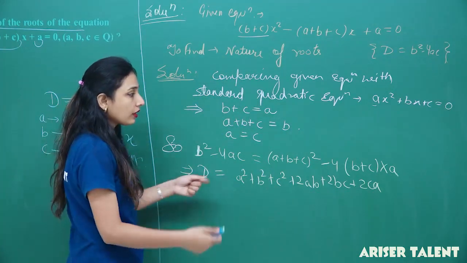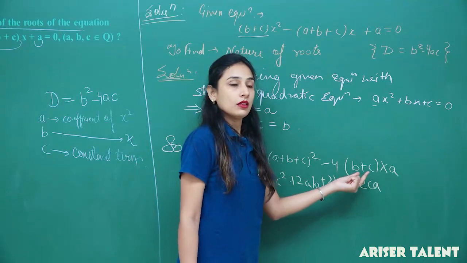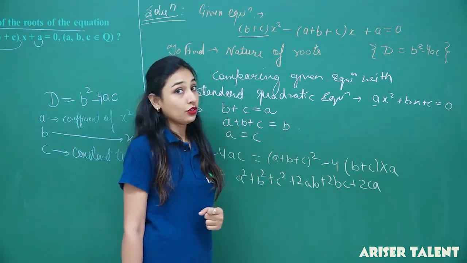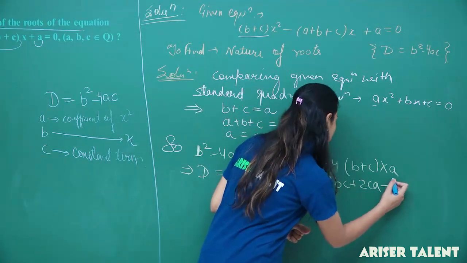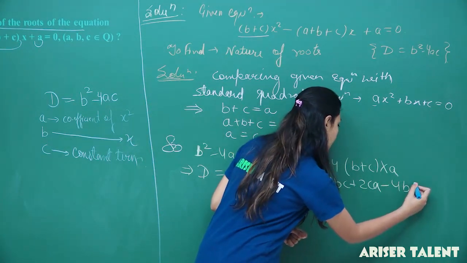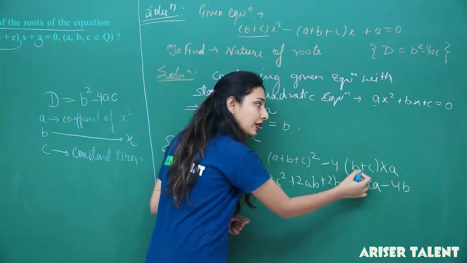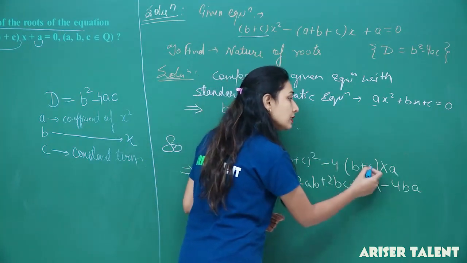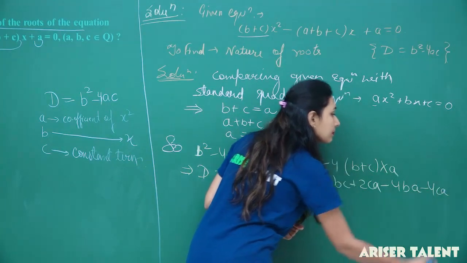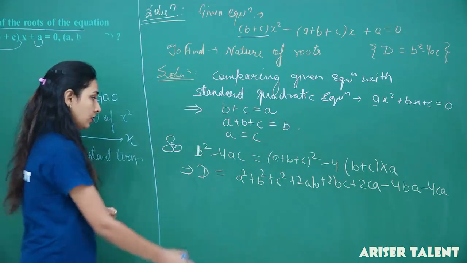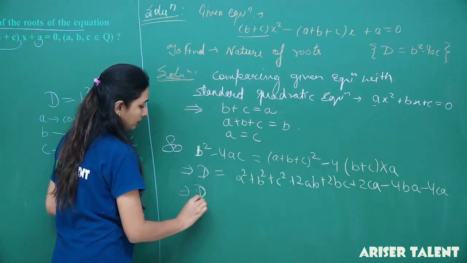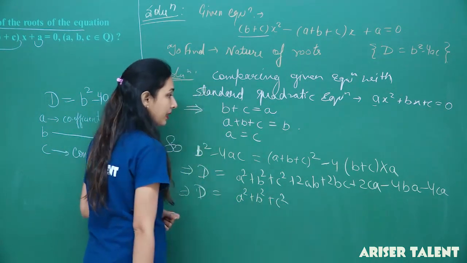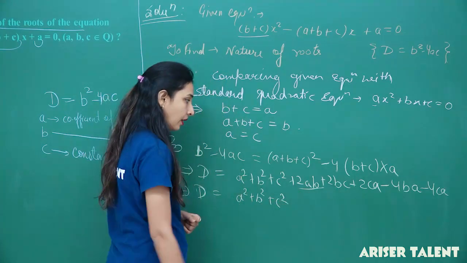Okay, now what? I can just open this bracket also. Why should we keep this bracket when we eliminate this? So it will be minus 4ba, right? Then minus 4ca. Okay, now we have no problem with this a square plus b square plus c square, but this is 2ba, right?